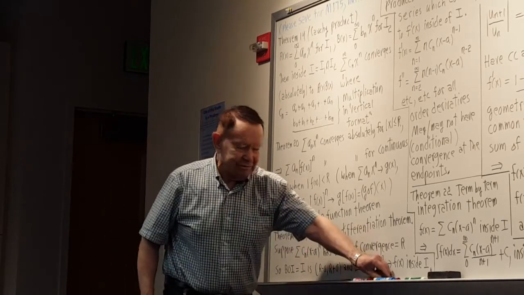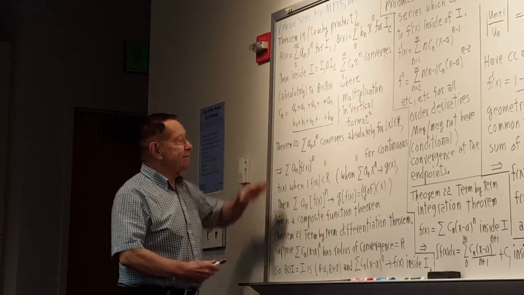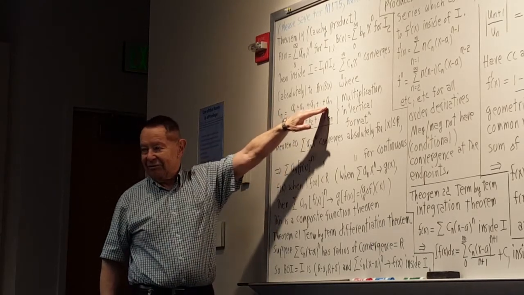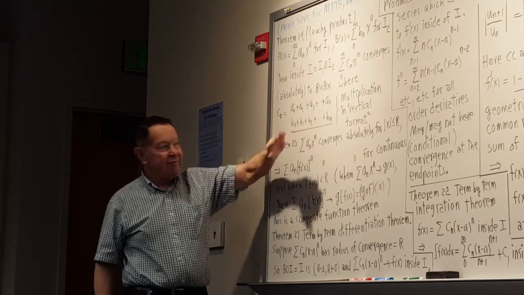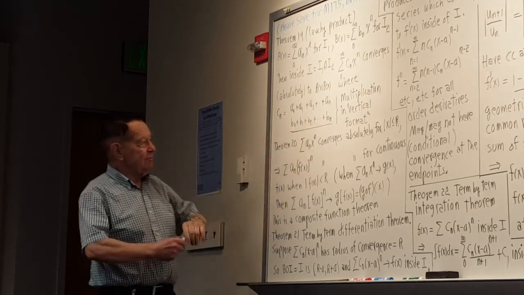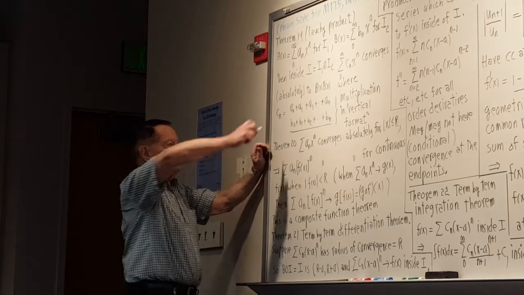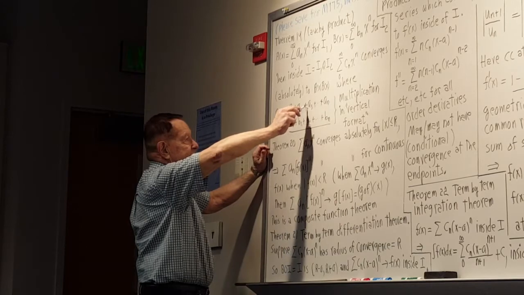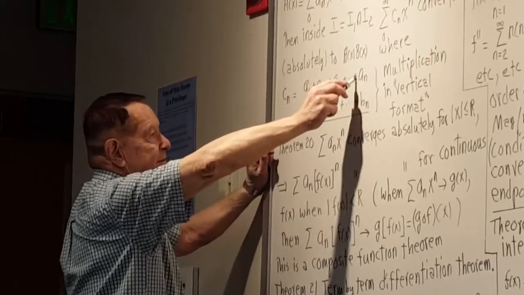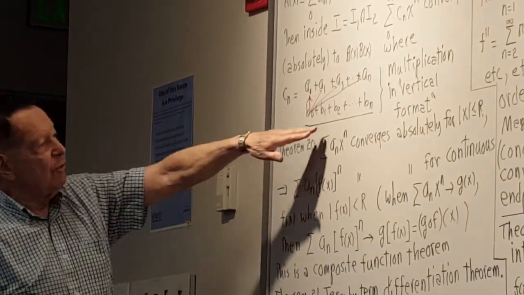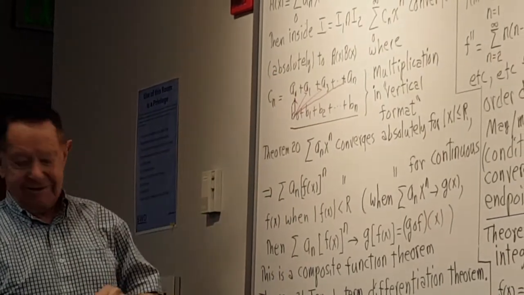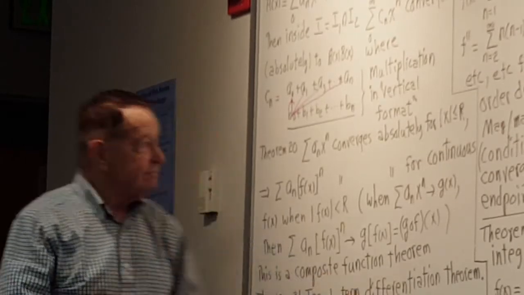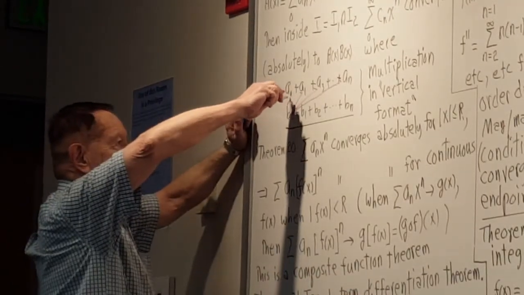So what you do is called vertical format. However many terms it is, you put your one polynomial on top and your other one on the bottom, and you start at the bottom left, and you do like this. So then you'll have a row of products that'll be that color. And then you move over one, and you do like this.